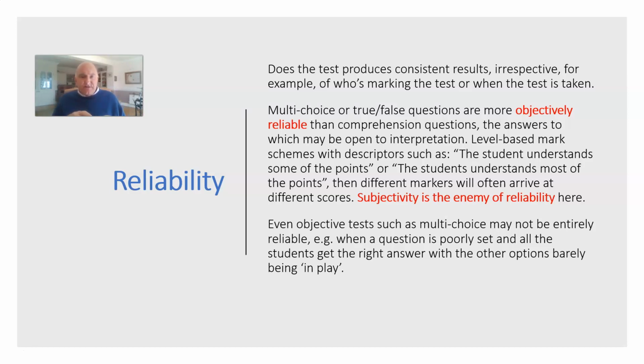So there are some sorts of assessment which are clearly more objective and more reliable than others. So, for example, multi-choice and true-false produce right or wrong answers, whereas any sort of assessment that's based on a mark scheme which is level-based, and this typically would apply to oral exams or, for example, to written essays where the marker has to decide what category that quality of work falls into, that is bound to be less reliable, because all the research shows that even the same teacher on the same day can allocate different marks to the same piece of work.